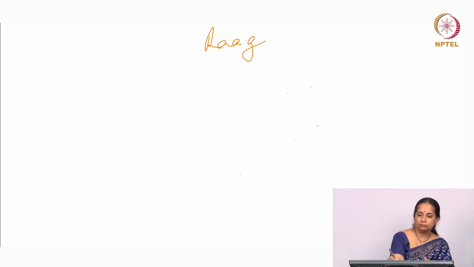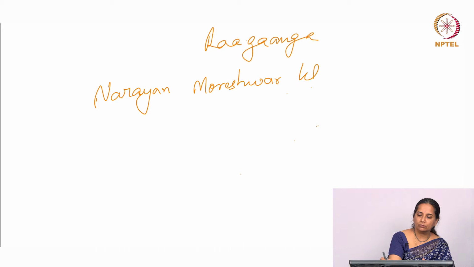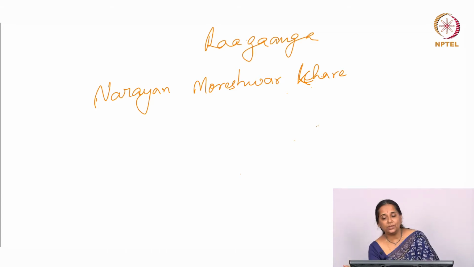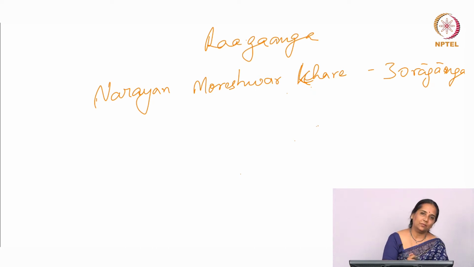Narayan Moreshwar Khare, who was a disciple of Vishnu Digambar Paluskar, another epoch maker of the 20th century, is most closely associated with the Raagaanga Paddhati, and he proposed 30 Raagaangas, that is 30 main important Raagaanga ragas.